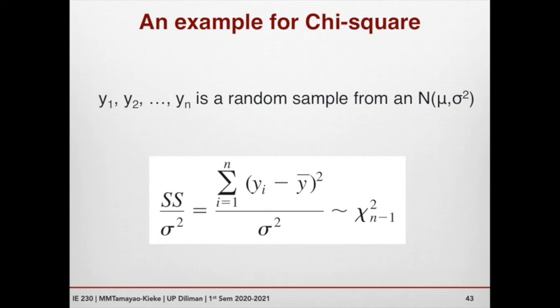In general, the sums of squares of random variables following a normal distribution divided by the variance follows a chi-square distribution. Now, this is very important and you will see this repeatedly. So please remember.